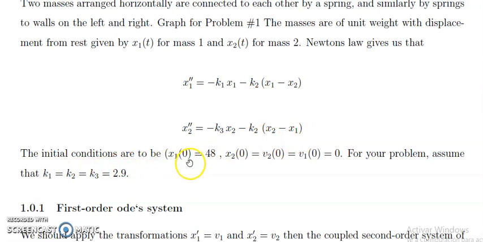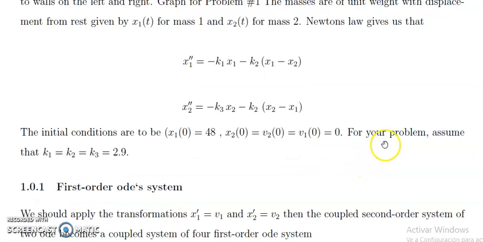The initial conditions: x1 at t equals 0 is 48, x2 at t equals 0 is 0, the velocity of mass 2 at time 0 equals 0, and the velocity of mass 1 is also 0. And we are going to assume that the spring constants are equal to 2.9.